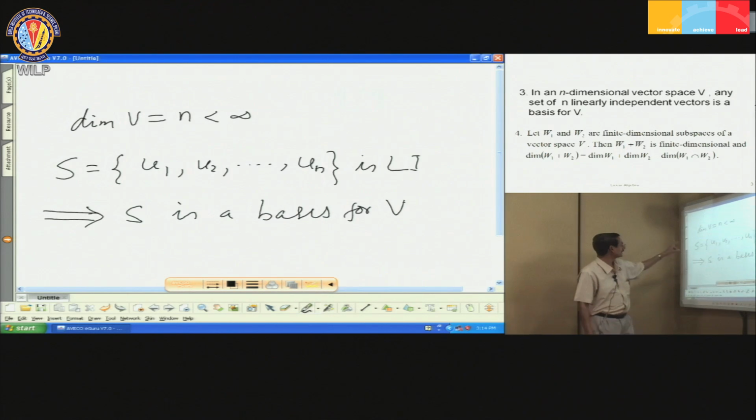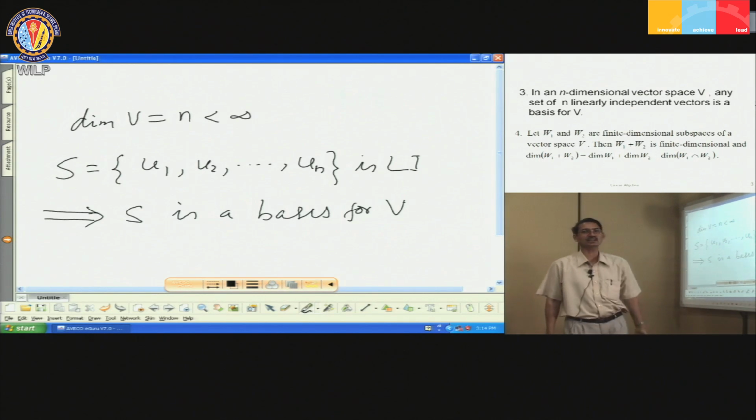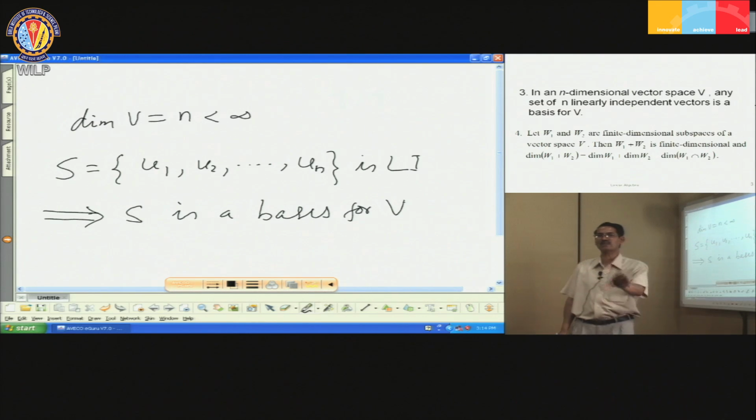Just check that S is linearly independent, that will imply that S is a basis. The second property follows from the fact that the number of elements in S is equal to the dimension of the vector space, which implies that span of S is equal to V, and hence S is a basis for V.